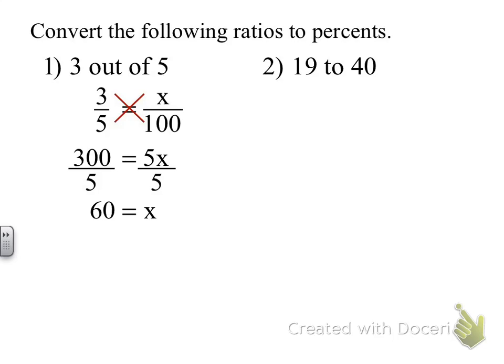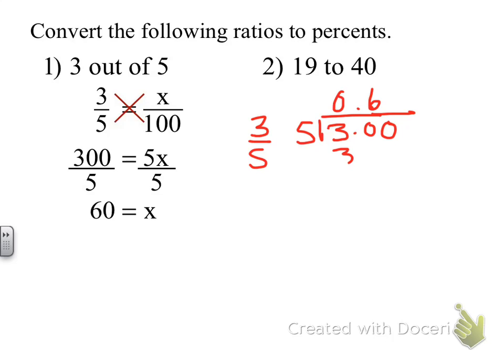I did see somebody else do it like this. They went from 3 out of 5, and then they just put right away 3 into the division box and did this. Okay, so 5 does not go into 3, but it goes into 30 6 times.